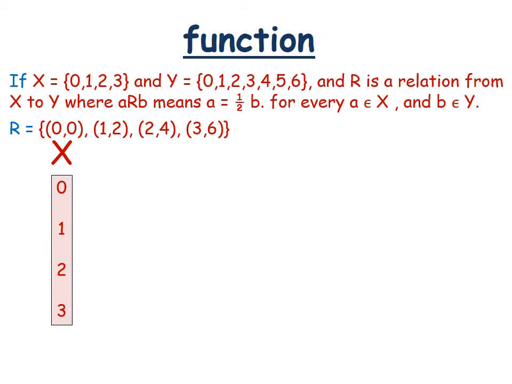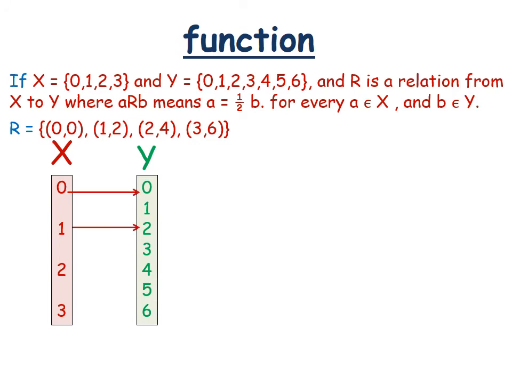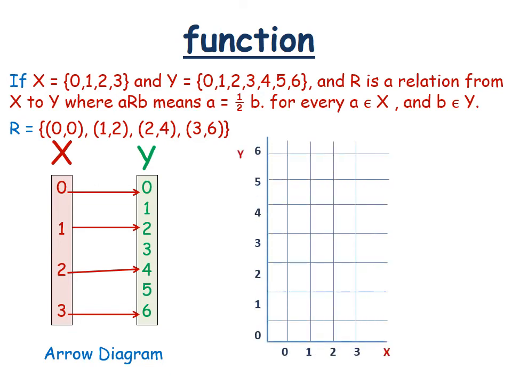X is the first set and Y is the second one, and we'll have 0, 0, 1, 2, 2, 4, 3, 6. This is the arrow diagram, and by Cartesian product we'll have X and Y like that. Then I will determine the ordered pairs of that relation, which will be like that.